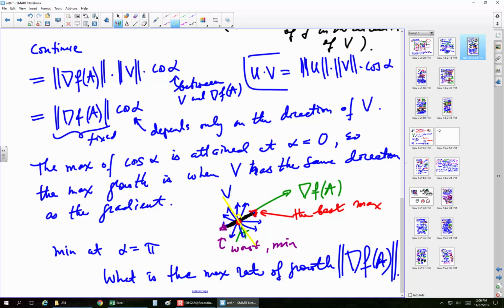I show you the spectrum. So the two special cases are with the gradient and against the gradient, the fastest and slowest growth, and the perpendicular to the gradient. What's the growth? 0, right? Because essentially this direction is parallel to the level curve.